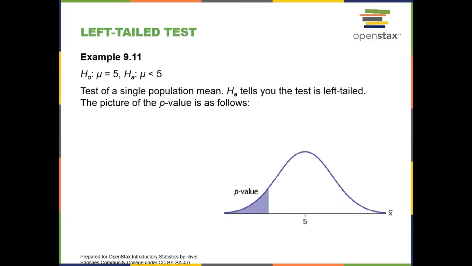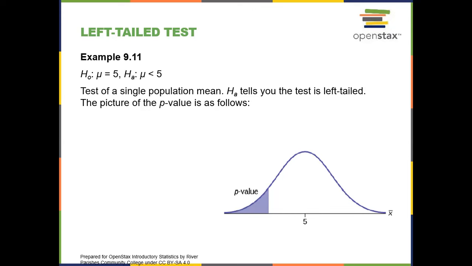Example 9.11. Null hypothesis: mu equals 5. Alternate hypothesis: mu less than 5. Notice the symbol less than: two slanted lines meet at an edge pointing to the left. Hence, it is a left-tailed test. The test statistic, or the characteristic of the sample, will fall in the left tail of the normal distribution, and the area to the left of the test statistic is the p-value, as shown in this diagram.